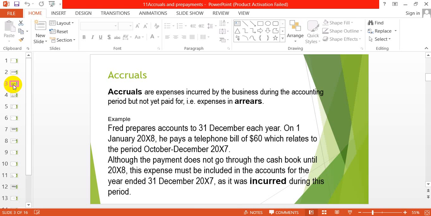In this example, we have Fred, who prepares accounts to 31st December each year. On 1st January 20X8, he pays a telephone bill of 60, which relates to the period October to December of X7.